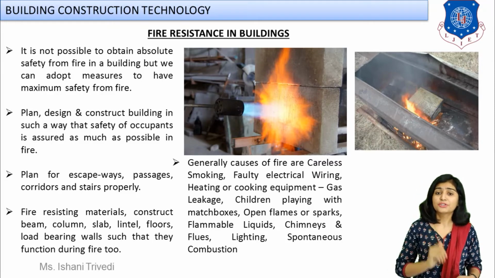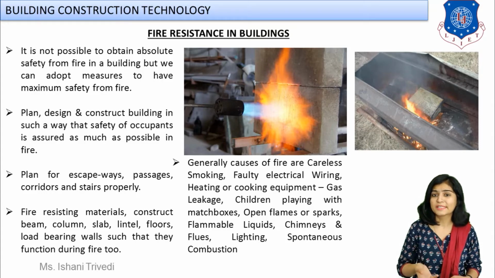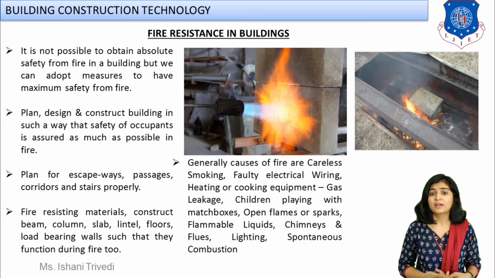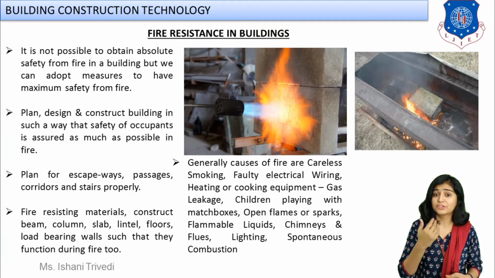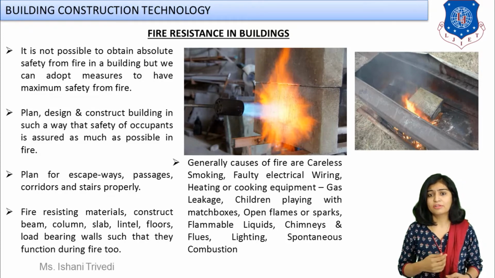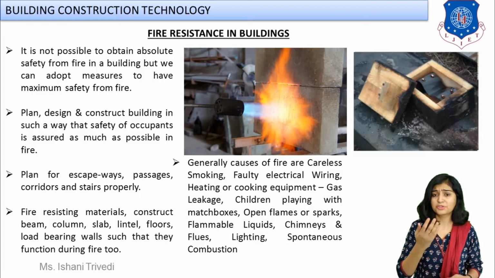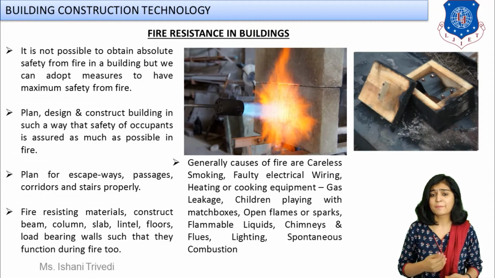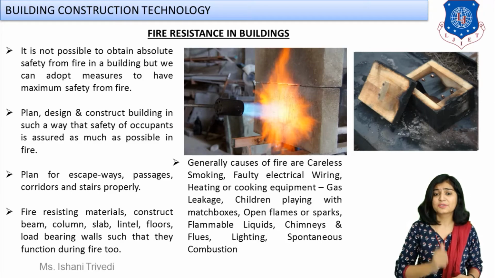So, as I told you, we have to provide certain measures: stairs, emergency exits, escape ways, and fire extinguishers. You have to provide all of these remedial measures to protect your structure and the users for their safety when the structure catches fire, so they can get out safely. I am showing you certain fire resisting properties of the materials in the images flashing.